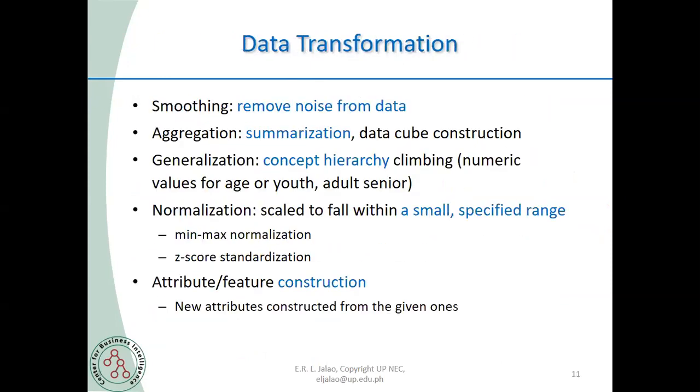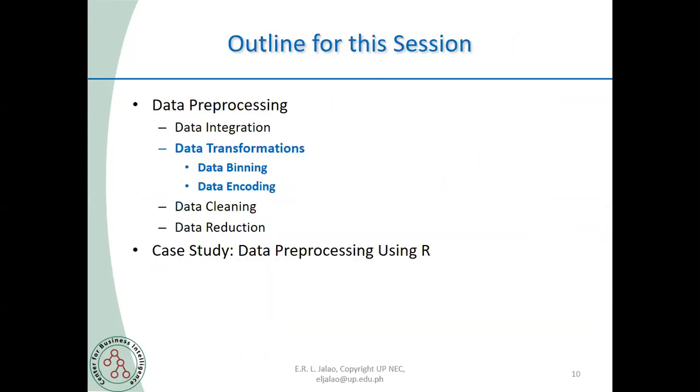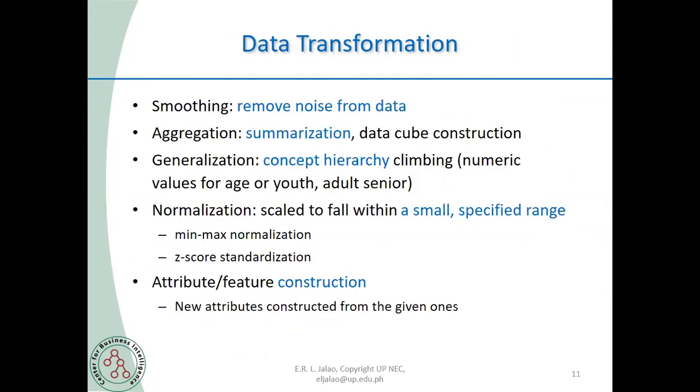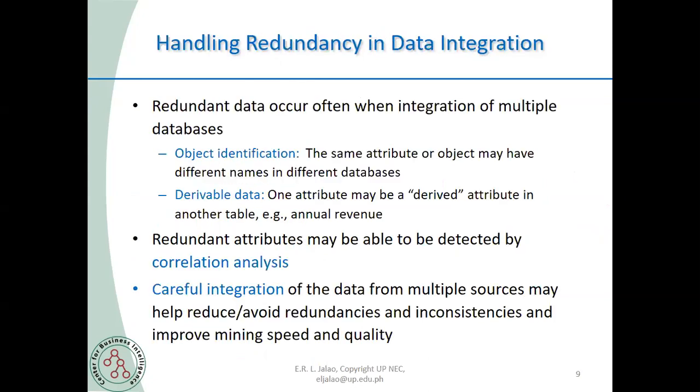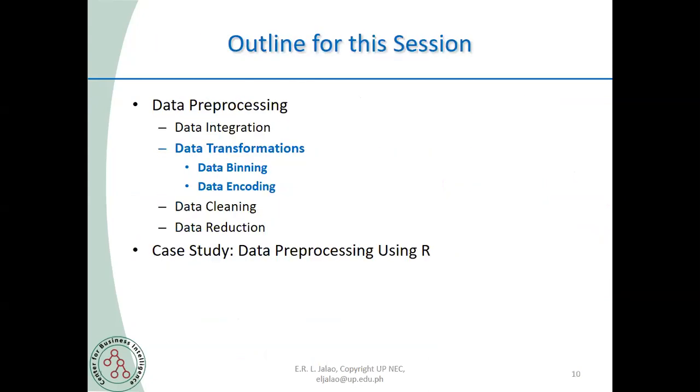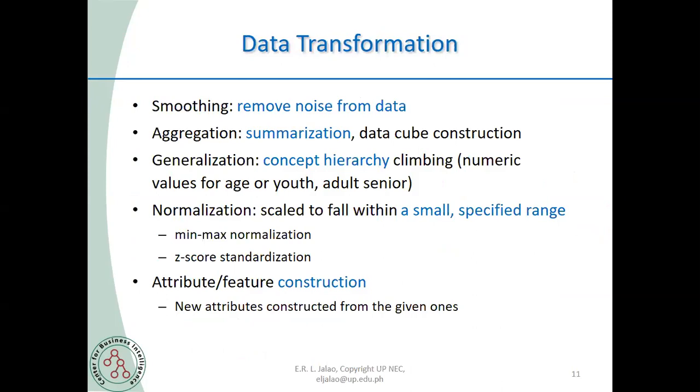Okay, so we have here the data transformation, which includes data binning and data encoding. So we have smoothing, the removing of noise from data, and aggregation, summarization, data cube construction, and generalization, concept hierarchy climbing, numeric values for age or youth, adult, senior.